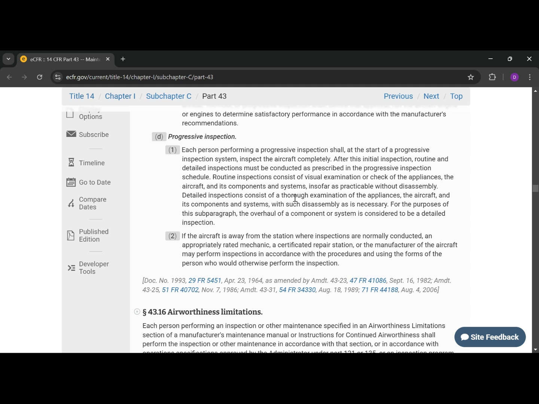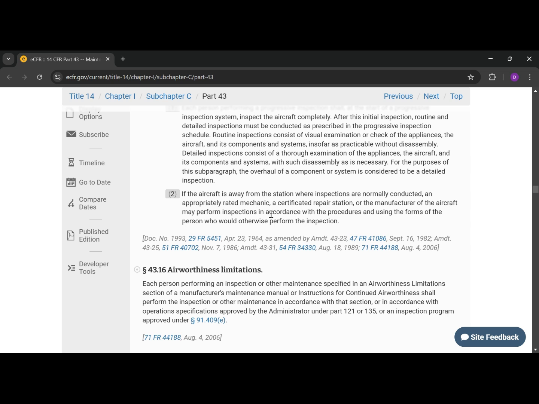Detailed inspections consist of a thorough examination of the appliances, the aircraft and its components and systems, with such disassembly as is necessary for the purposes of this subparagraph. The overhaul of a component or system is considered to be a detailed inspection.